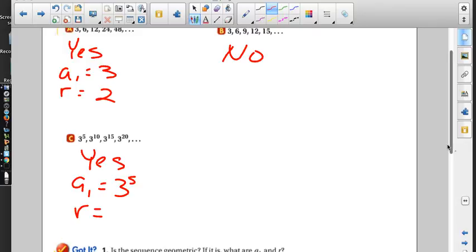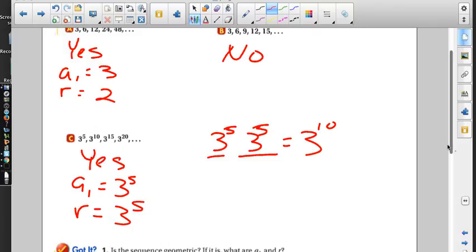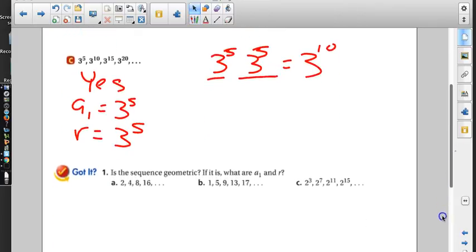What do you multiply 3 to the 5th by to get 3 to the 10th? 3 to the 5th. It's kind of a weird one, isn't it? The r and the a sub 1 are the same. Kind of awkward. I would make it nice.